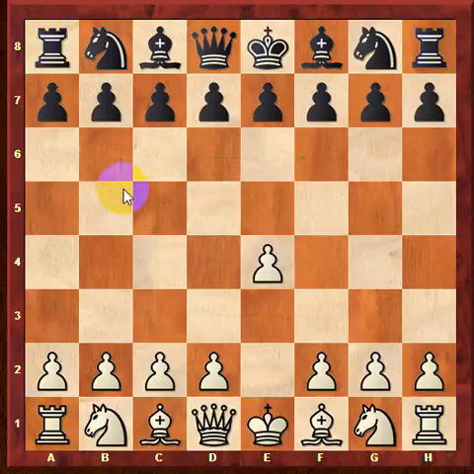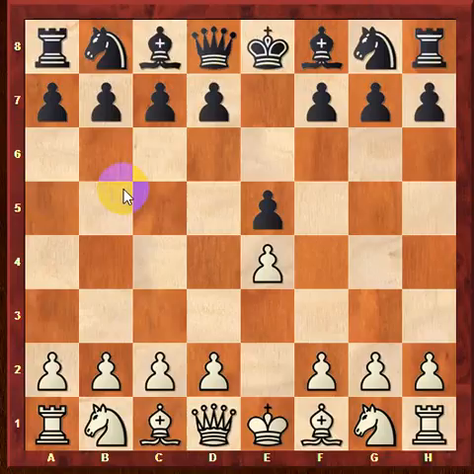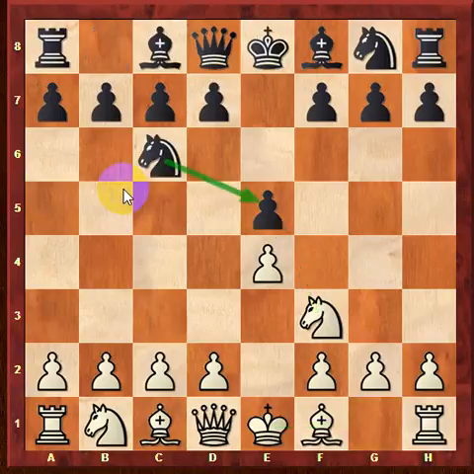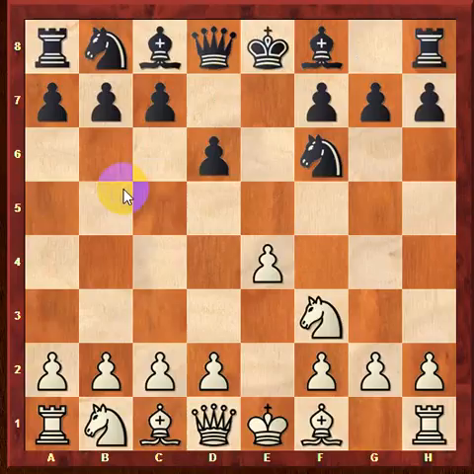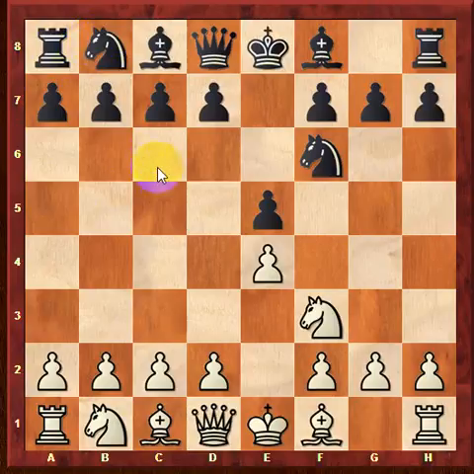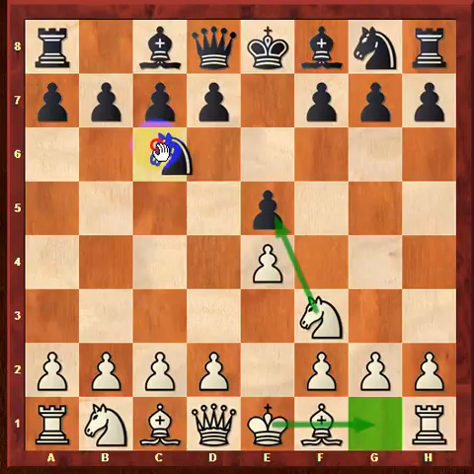So let's take this scenario where you play, okay, knight f3, knight f6 here. Okay, sorry, this is not what I want you to look at. I'm looking at something like this.